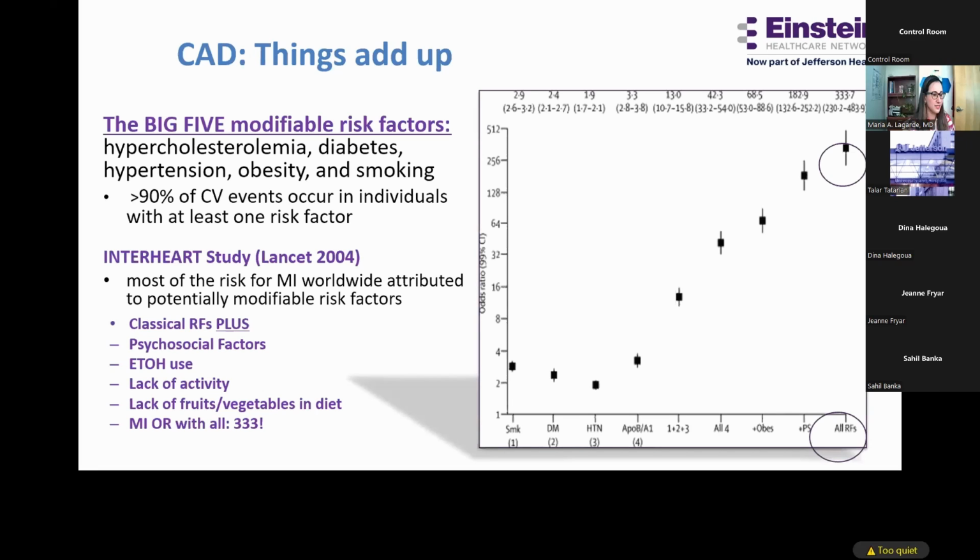If you start adding up all those risk factors plus the big five, you see all the way on the right there, your risk of having a heart attack is 333 times those who don't have those risk factors. So as you start adding risk factors, they really do contribute to increased events.